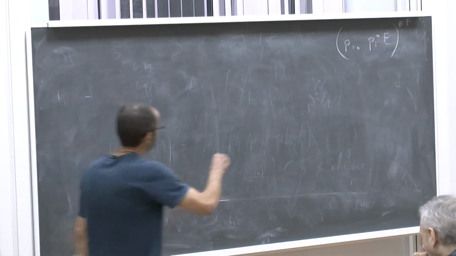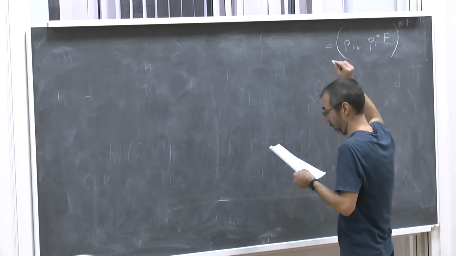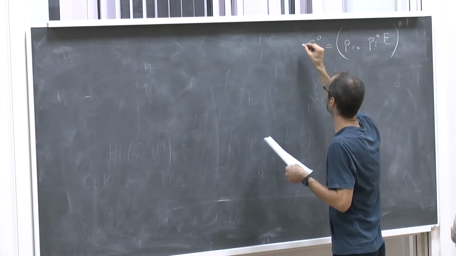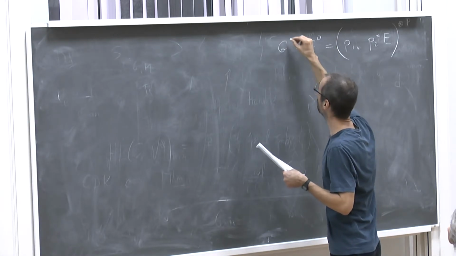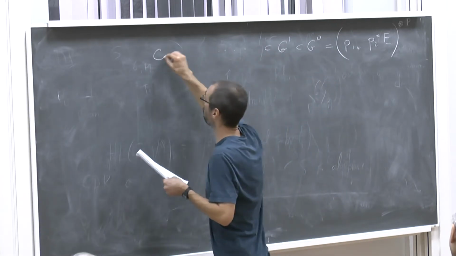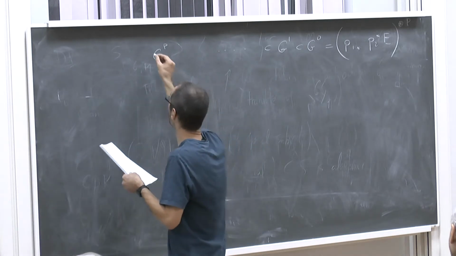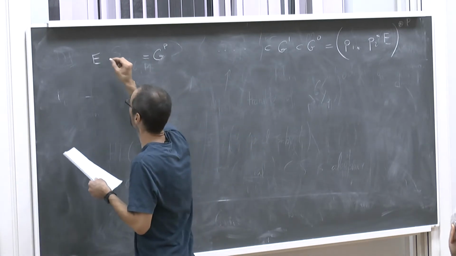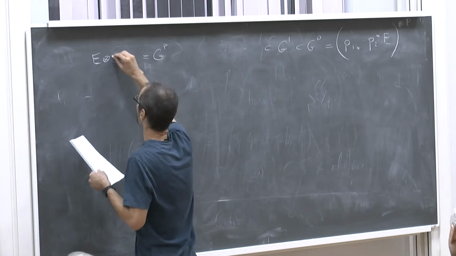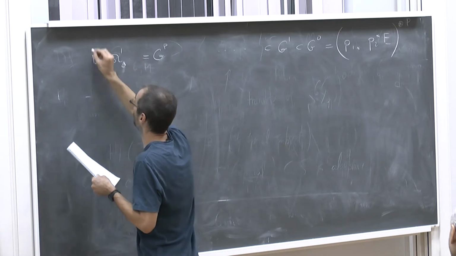So I will call this term G0, and then I will have G1, up to G_p, which is equal to E. That's formula 1.